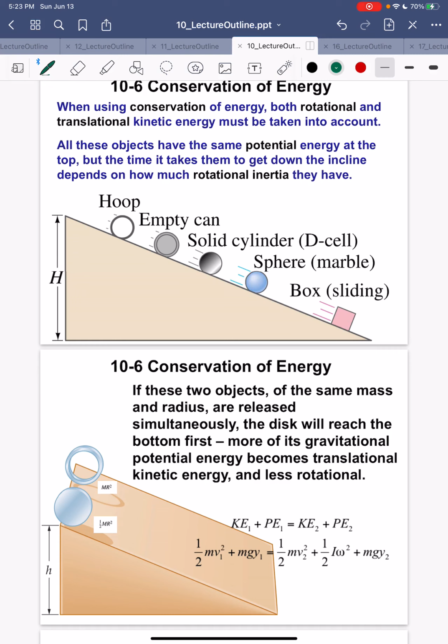More of its gravitational potential energy becomes translational and less rotational.